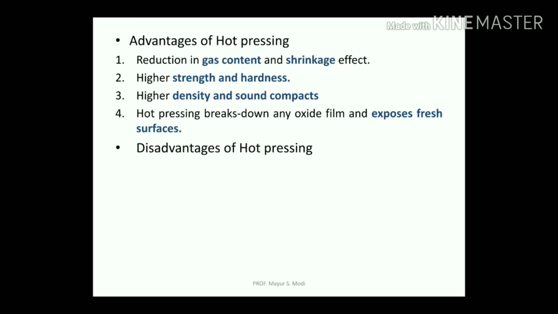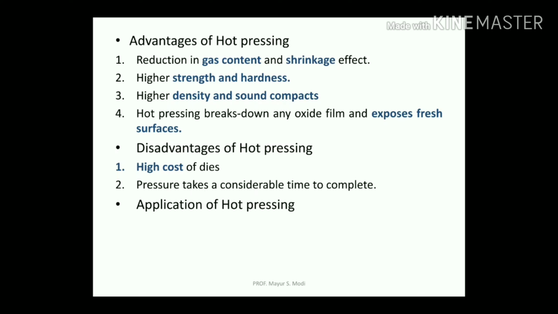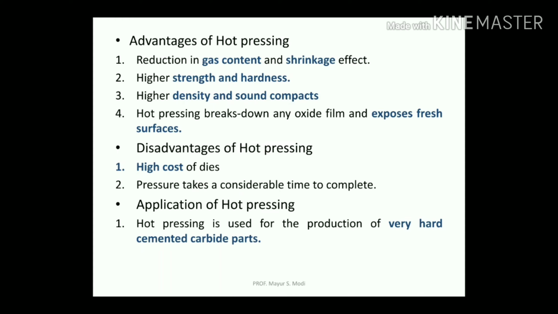Some of the disadvantages: high cost of the die, because with higher temperature and higher pressure the material must have the ability to sustain both pressure and temperature to convert into your finished products. Pressing takes a considerable time to complete. Application of hot pressing: it is used for production of very hard cemented carbide parts.